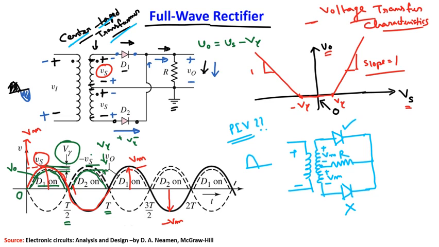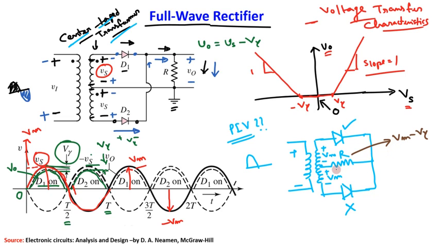Okay, if it is so, then please tell me what is the voltage drop across this resistance R. Obviously we have done that, right? When this is Vm, the voltage drop across this R would be Vm minus V gamma, because one V gamma voltage drop will occur across this diode.